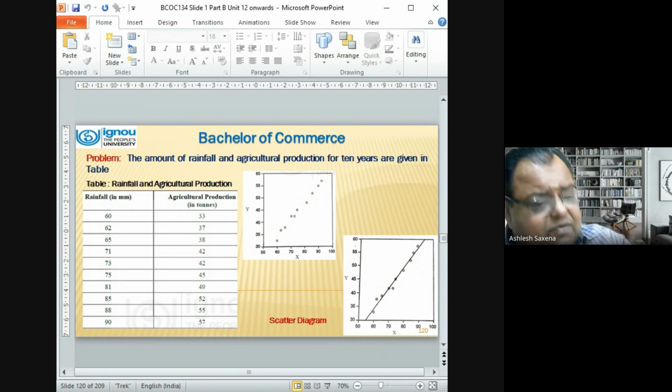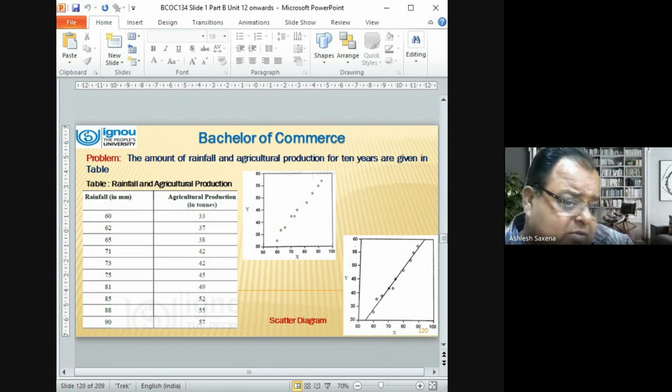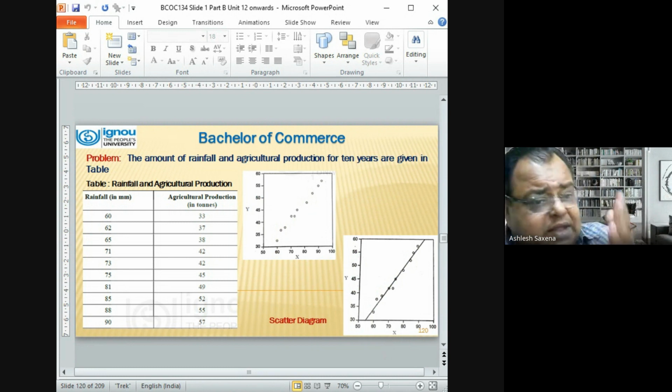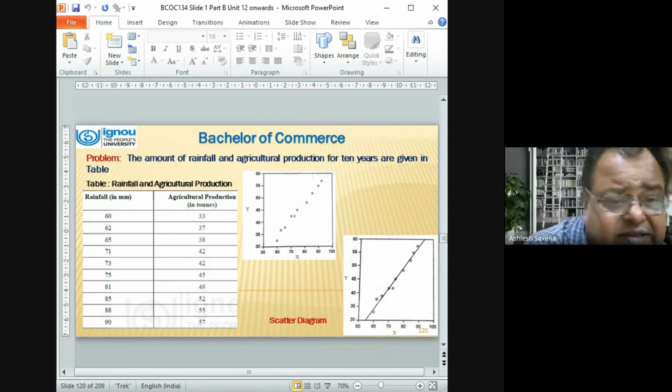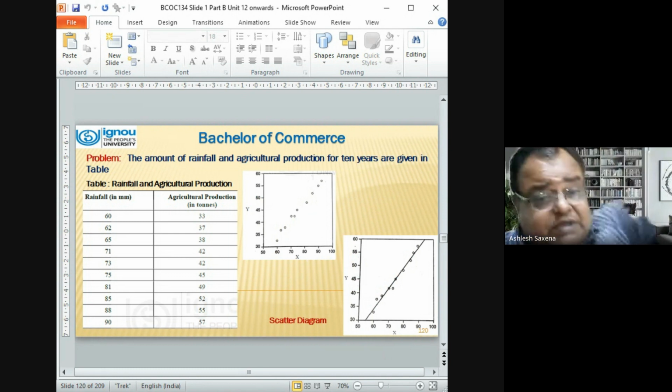This is the simplest form from where we can say that there is a perfect positive correlation, because the graph is moving from bottom to top, and that too in a straight line. And going back to the tabular form, we can see that when the rainfall is increasing from 60 to 90, the agricultural production in tons is also increasing from 33 to 57.